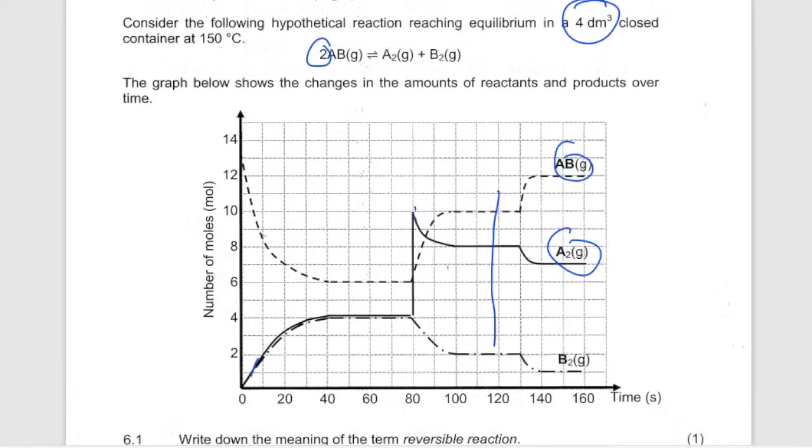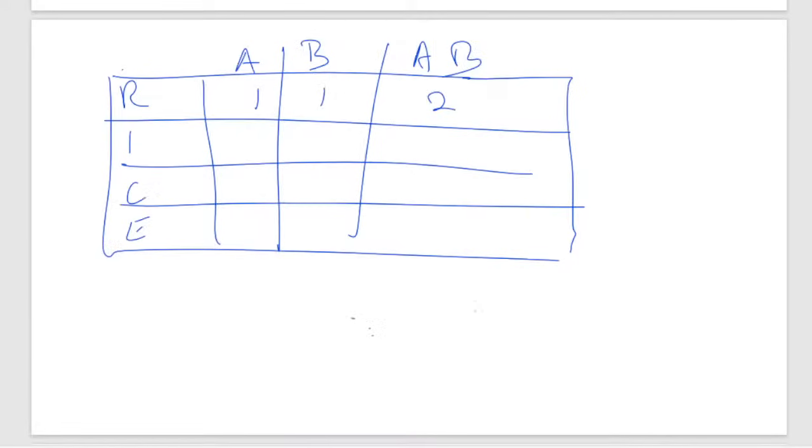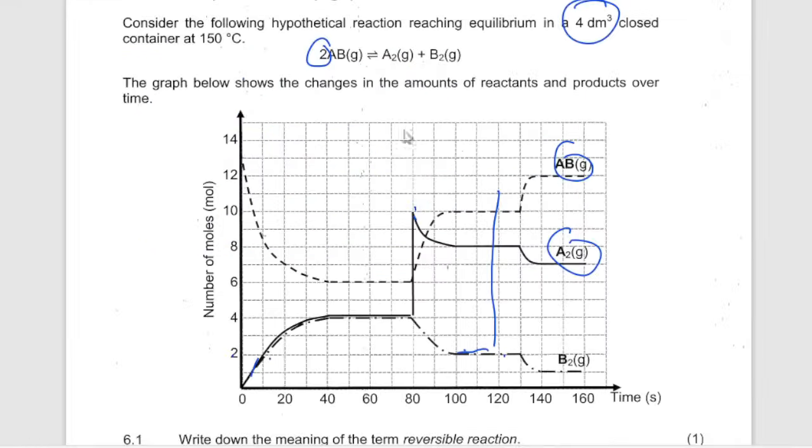Initial concentration you just get from the graph.